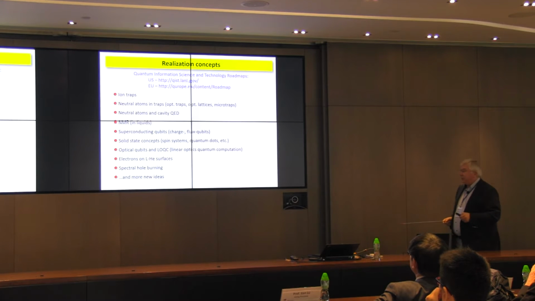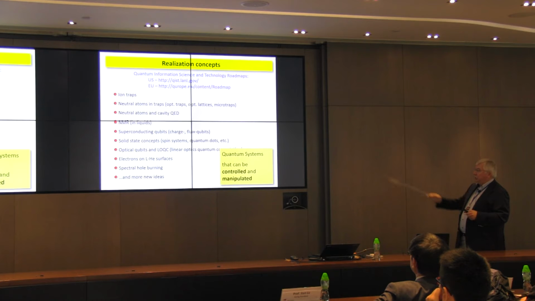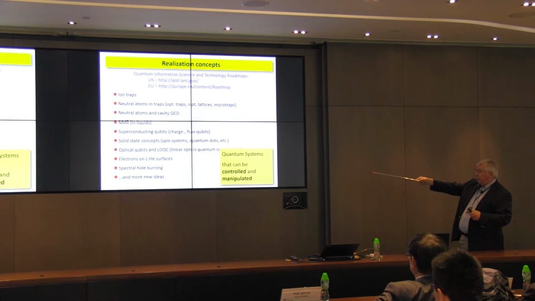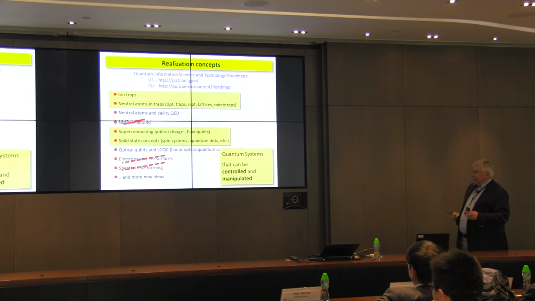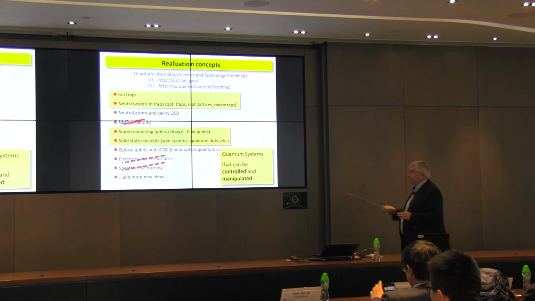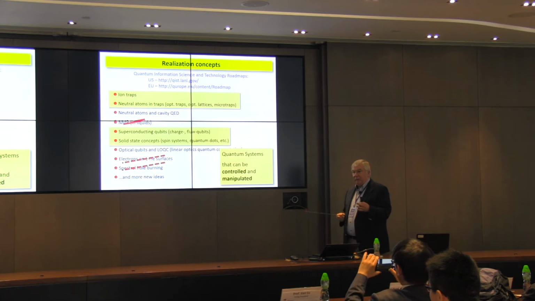Over the last 10 years, I should actually say, all of these quantum systems must be able to be controlled and manipulated. You must be able to do that with high fidelity. But over the last 10, 15 years, it has been shown predominantly that these techniques survive so far.